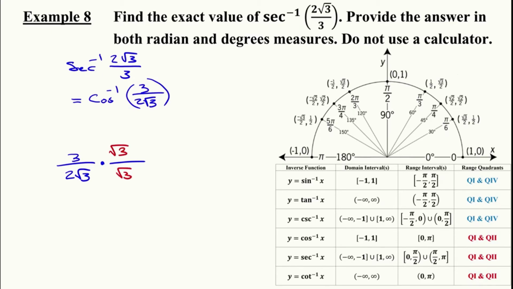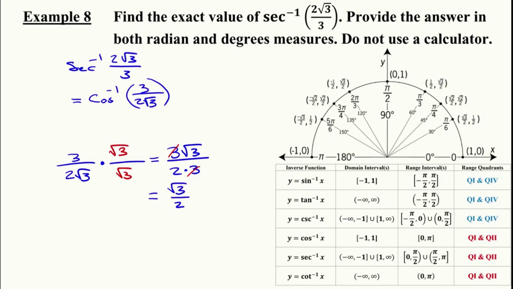So notice that we end up with 3 radical 3 on the top, and down below we get 2 times 3, of course, because square root of 3 times square root of 3 is 3. So now we notice that we can cancel out the 3's, and this should look much more familiar to you now. So it's square root of 3 over 2.